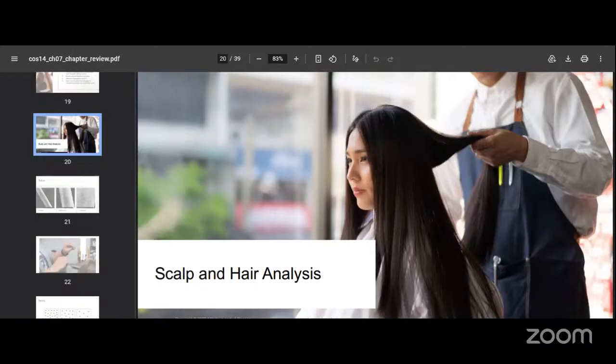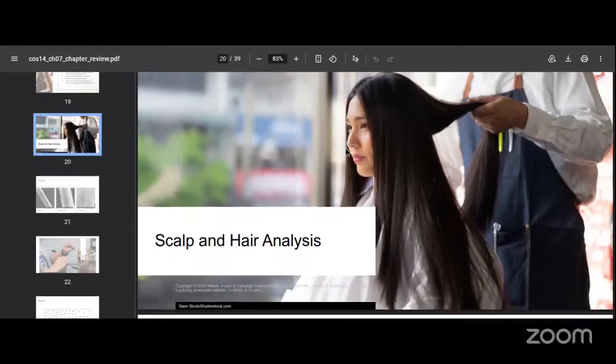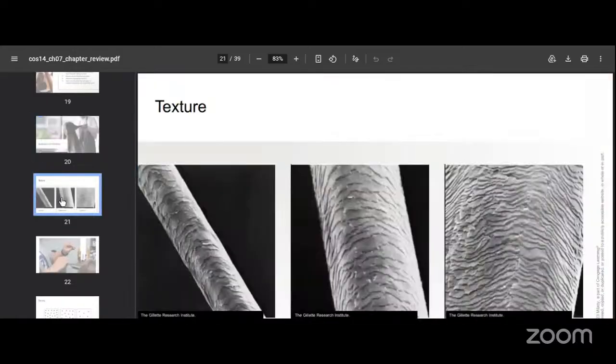You become more knowledgeable. That's called experience. What you've been taught and your experience start to shape you as a sought-after beauty professional, even considered an expert in your field. So, we look at hair and scalp analysis.